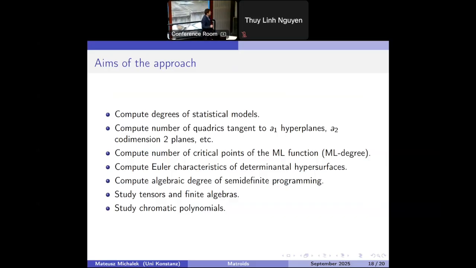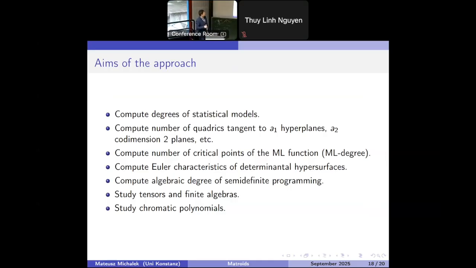We can compute ML degree. We can compute Euler characteristic of determinantal hypersurfaces. This is something I didn't talk to you about. So if you have a matrix with linear forms and you want to know what's the locus of degenerate matrices, this is what people in computer science often want to know. For example, is your space of matrices contained in such a locus?